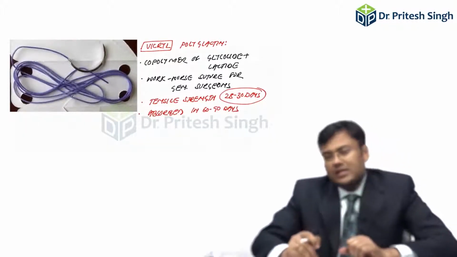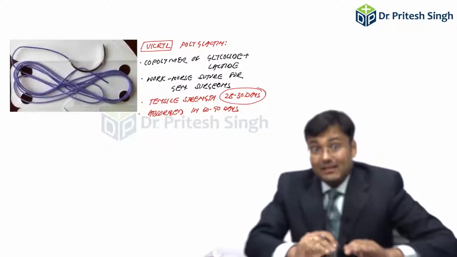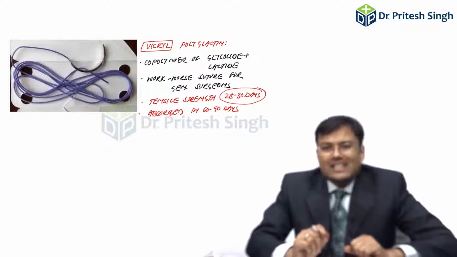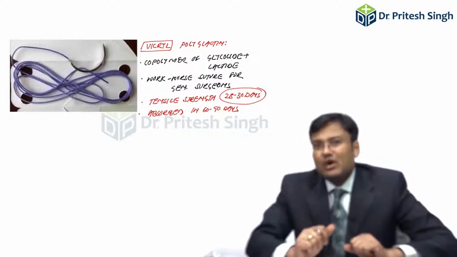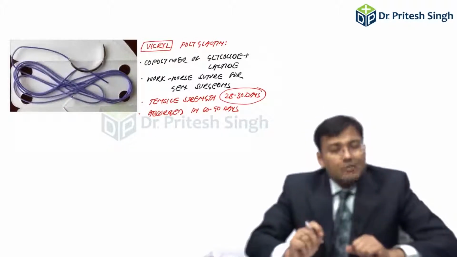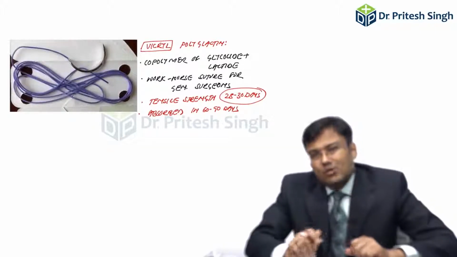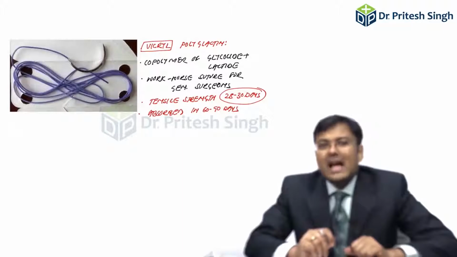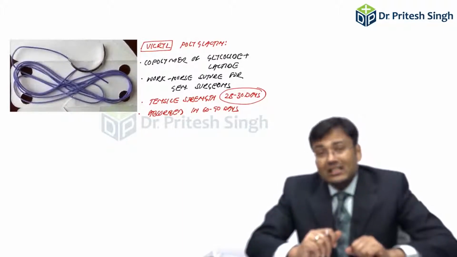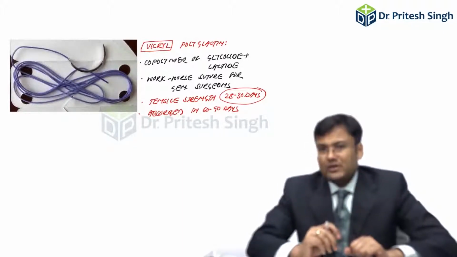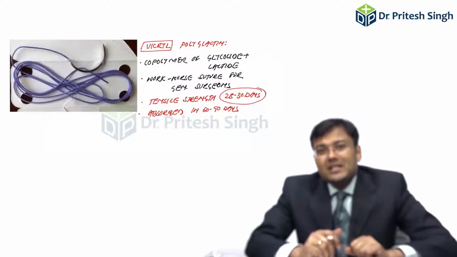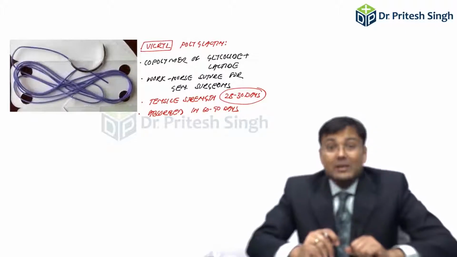So in which surgeries do we use Vicryl? See, it's very important. In any organ in which there is increased risk of stone formation, we use absorbable sutures, not non-absorbable sutures. So what are the organs where you can see stone formation? CBD, ureter, bladder.